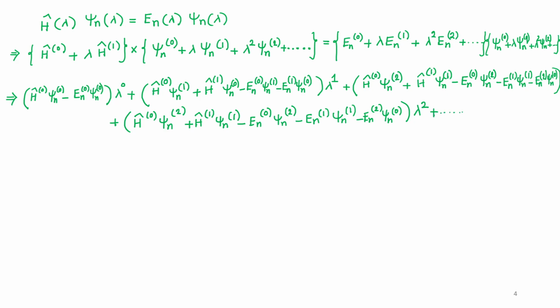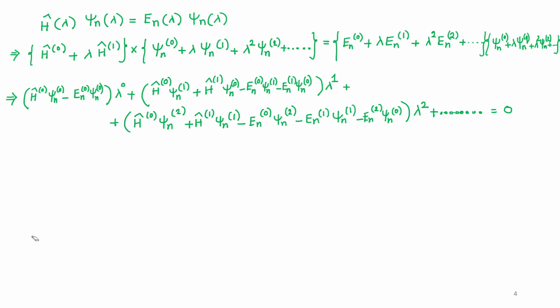And then obviously we are not interested in the other terms in lambda, and this part is going to be 0. Before that, let me erase this, because we have already written it down below.